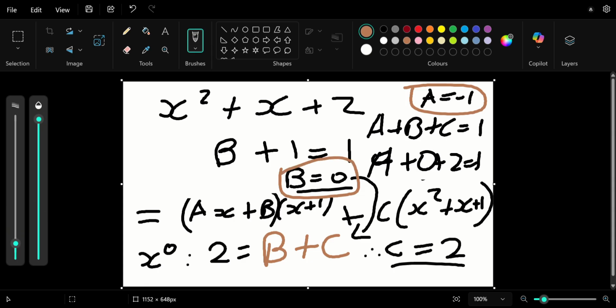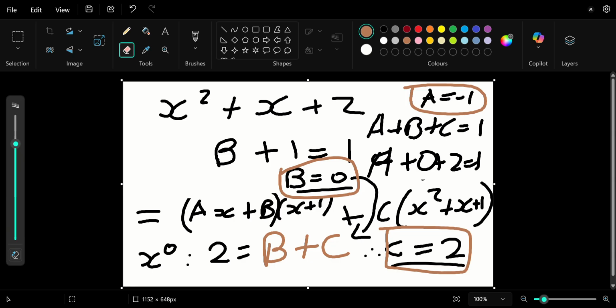So now that we have our 3 coefficients, we can now display it all and express it in partial fraction form.